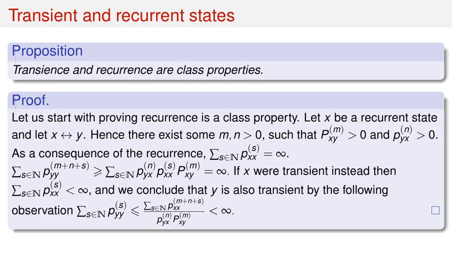Conversely, if x were transient instead, then the sum over s of P_xx^s would be finite.